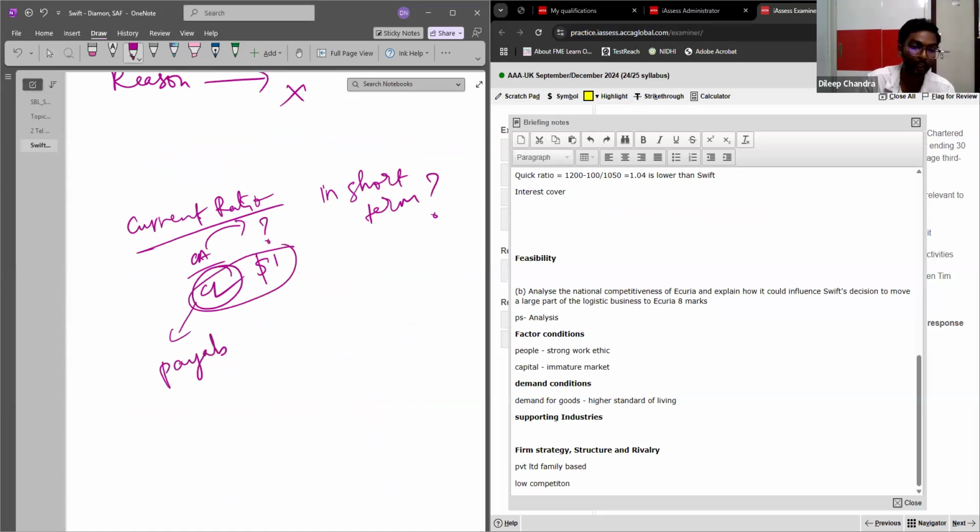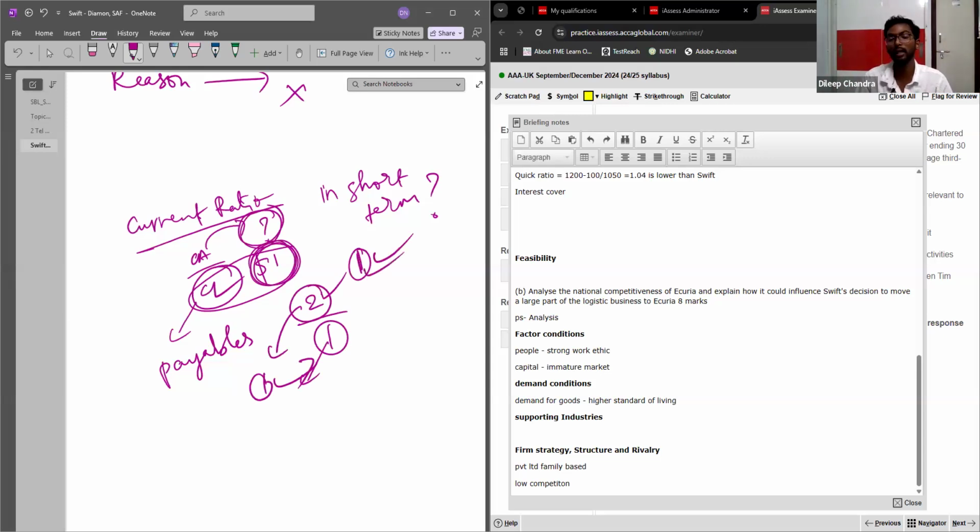Payables, right? In short term, for every dollar of current liability that you have, how much current assets do you have? For example, it is 2/1. For every $1 of current liability, I have $2 of current assets, which means if today this supplier comes to me and says, please settle my account, I have $2 out of which one I will give to this guy, and with one I can still survive. I can use this one as my working capital, right?